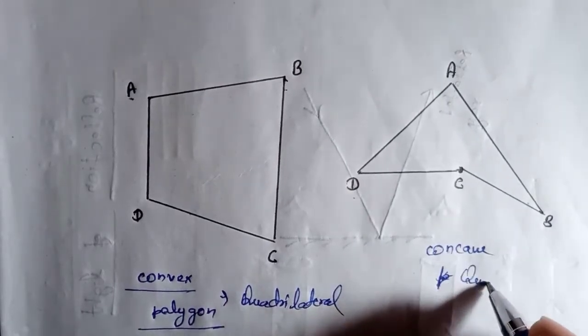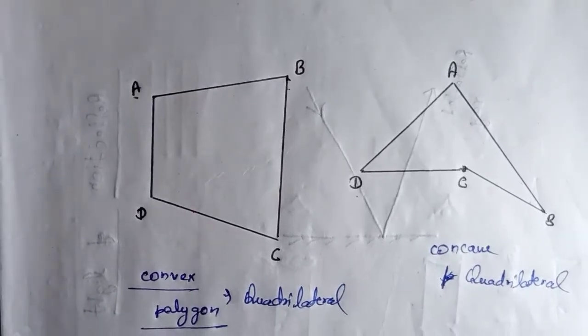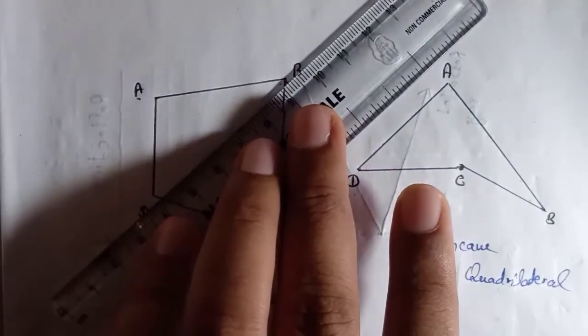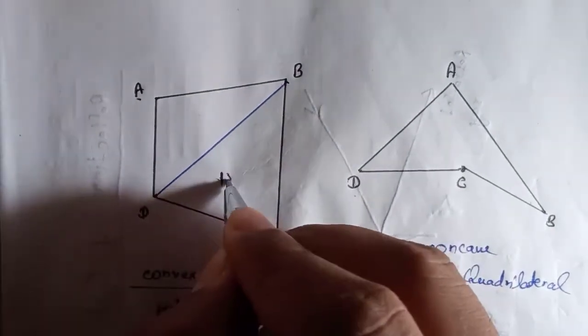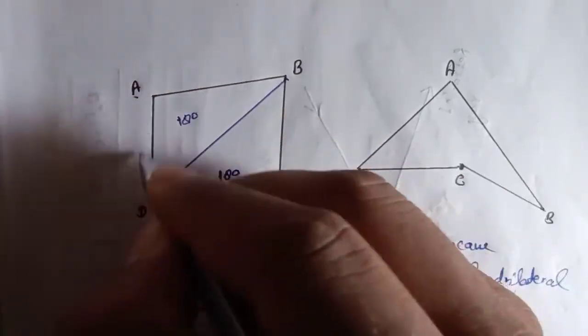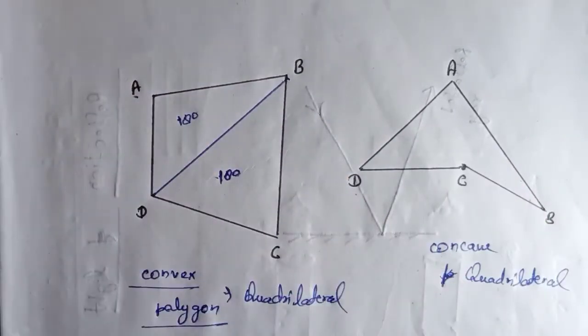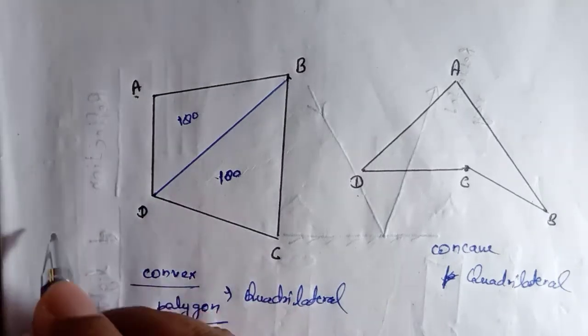You know the sum of interior angles of a triangle is 180 degrees, and when you make a diagonal in the convex polygon, you get that the sum of all these angles is 180 and the sum of all these angles is 180, all the interior angles of this triangle and the second triangle. And when you add both the sums, you will get 360.